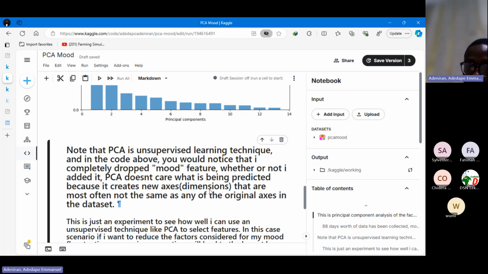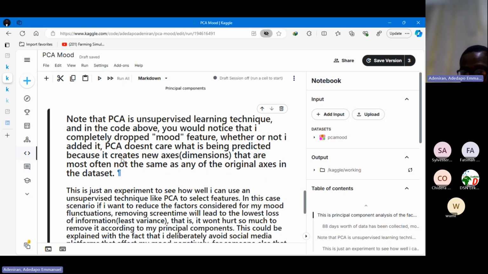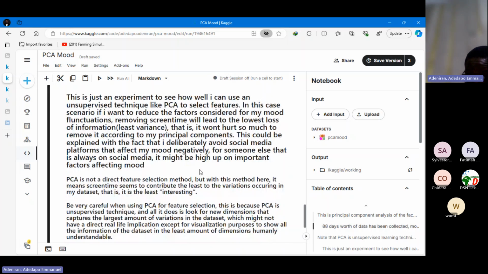The place where PCA reigns supreme is if you are trying to visualize your data on maybe a 2D graph, or even a 1D graph, a single dimensional graph, which is a number line, or you just want to visualize it on a simple 3D graph, and you have maybe 20 features that you are considering.